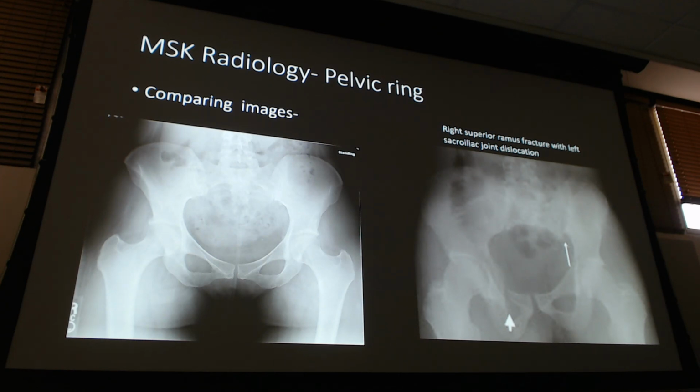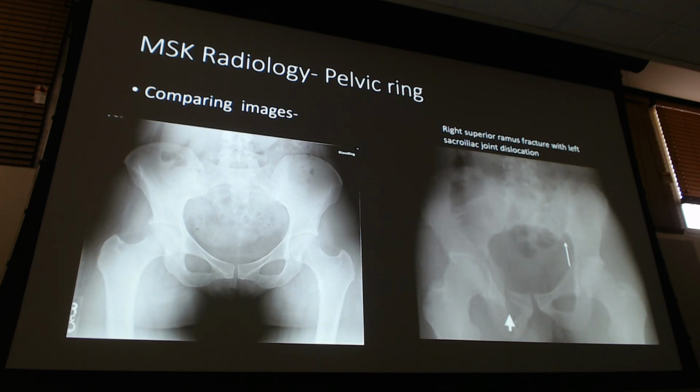So now let's look at the normal pelvis on the left. Go through your methods. I pointed it out on the right. Primarily on this one, there should be a couple that stand out. I put the arrows there for you because we're still learning it and going through it. But the fracture is right here in the superior ramus.